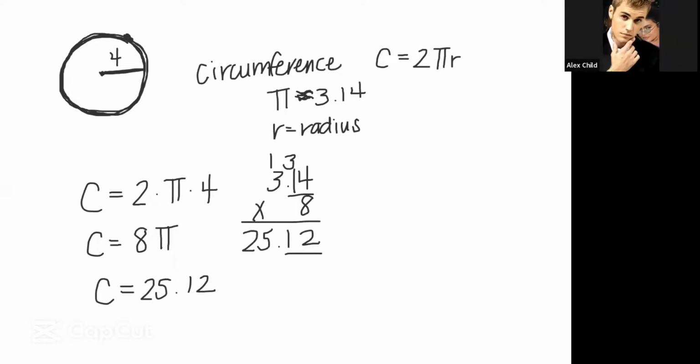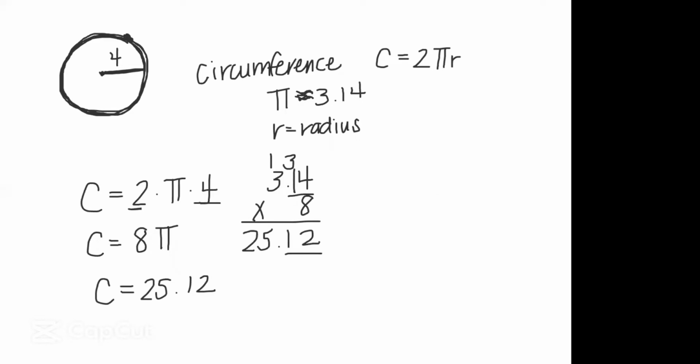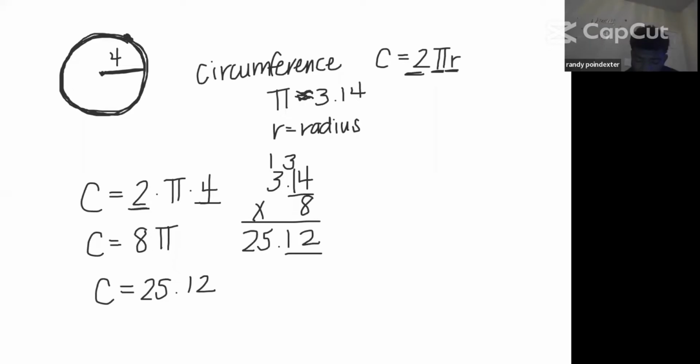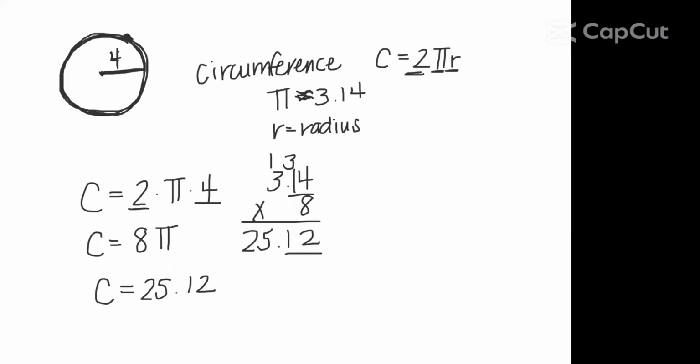Where did the 8 come from? 2 times 4. The equation, remember, is 2 times pi times the radius. 4 is the radius, and I put here that the radius is 4 for our circle in this example.